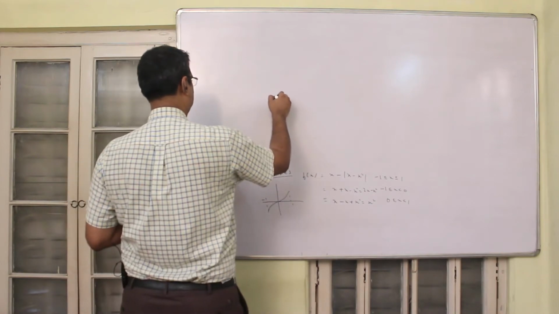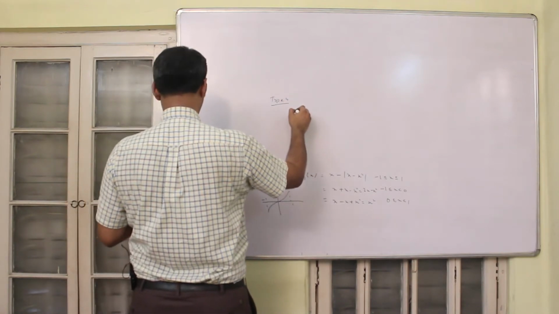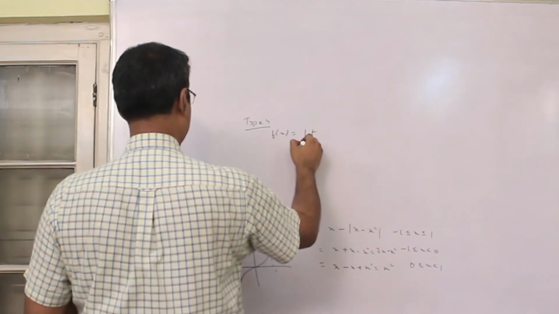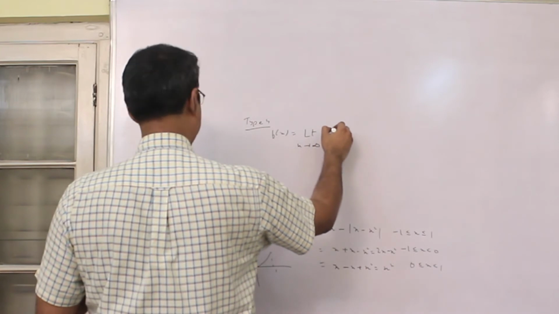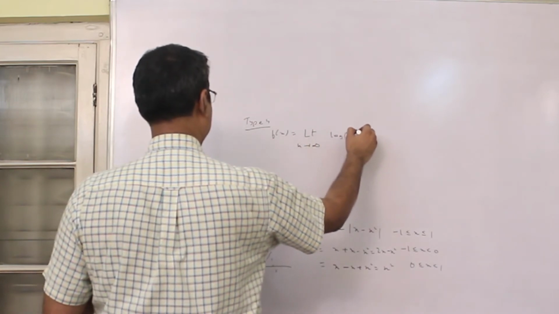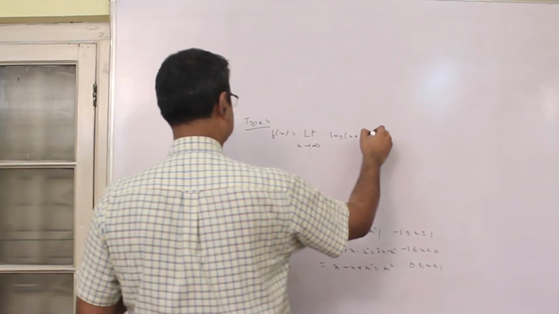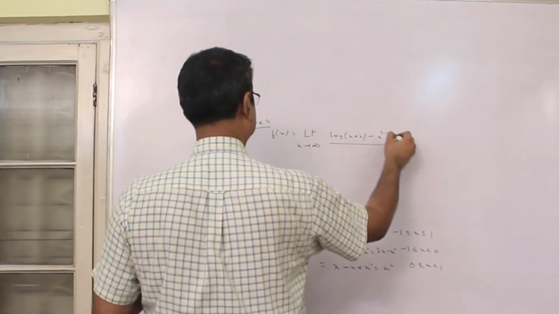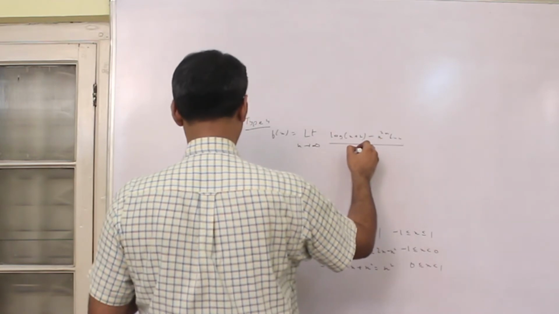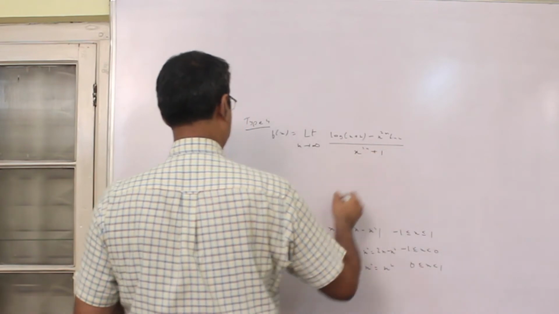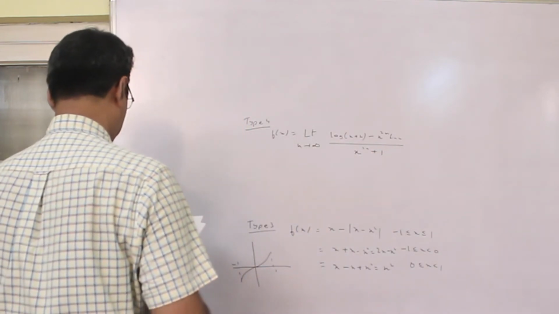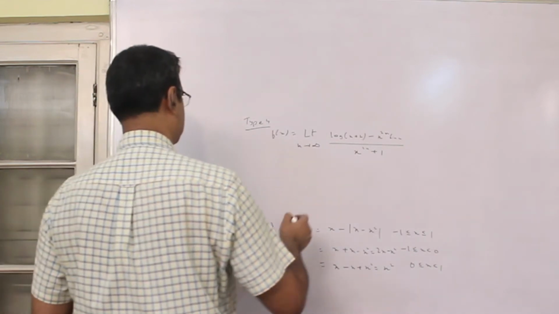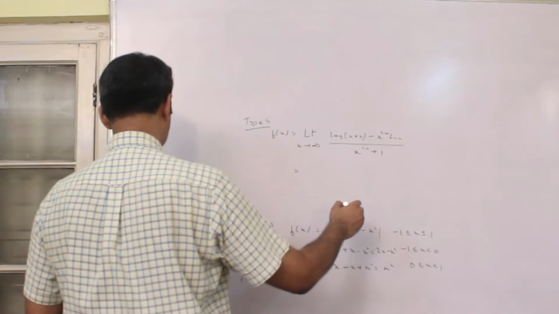Have a look at type 4 of the sheet. In type 4, this is the function. Now you will have to examine the continuity of this function. So what we can do is we can split it into intervals.